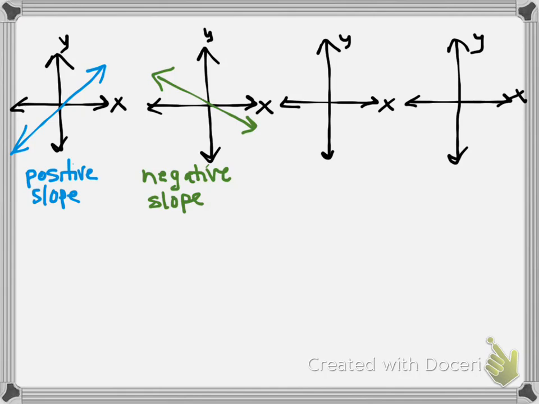Okay. How about this guy? It is a horizontal line, but that doesn't tell me the slope. No, I'm hearing debate. I'm hearing no slope.